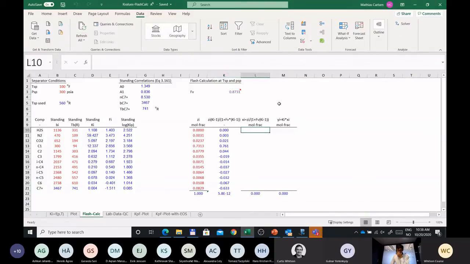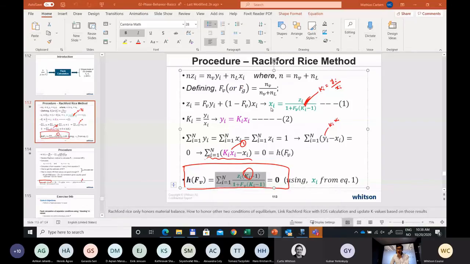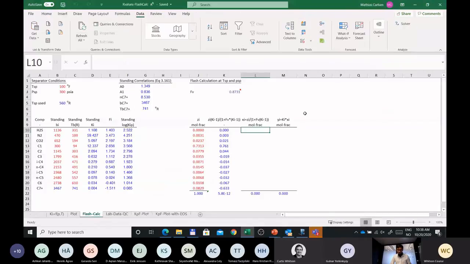Yeah. So now once we have that Fv value, we can also calculate the composition of the equilibrium phases, xi and yi. So xi, this is equation 1, I think, in the PowerPoint. You can look at this. So we calculate Zi divided by 1 plus Fv times Ki minus 1.